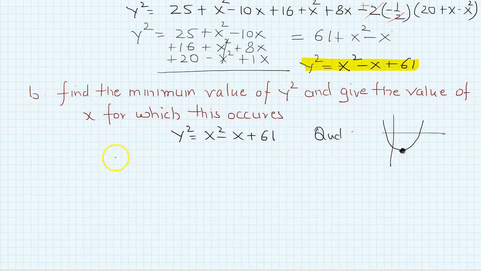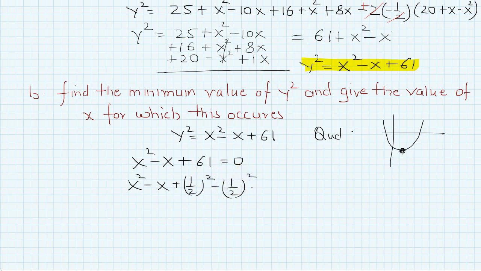So let's try. Let's not use y square. So let's have x square minus x plus 61 is equal to 0. So x square minus x, then the method of completing the square is half, minus half plus 61 is 0.